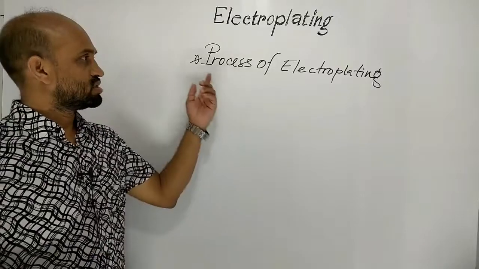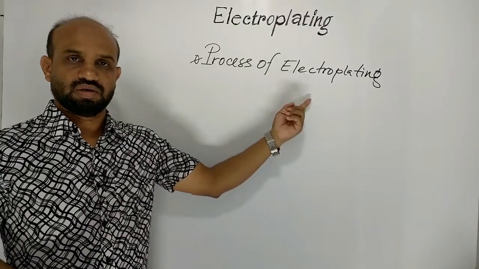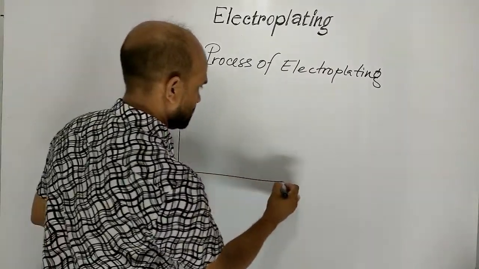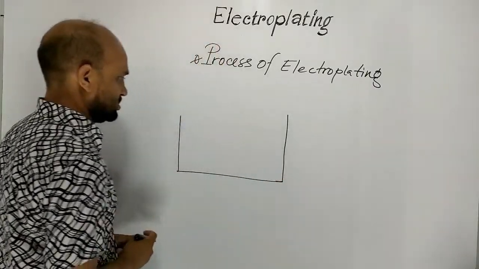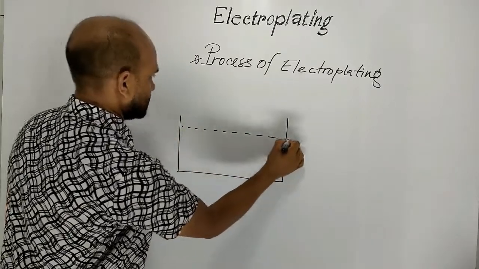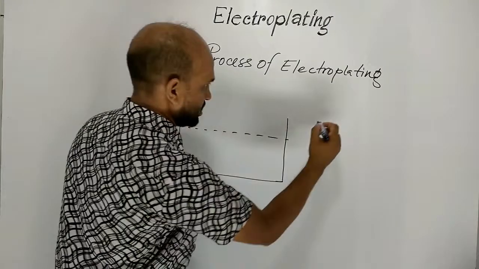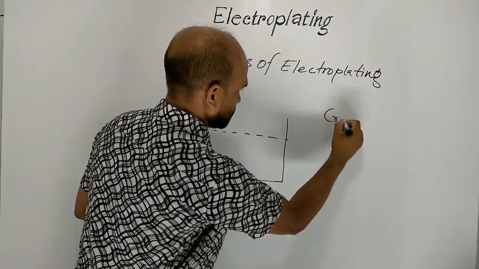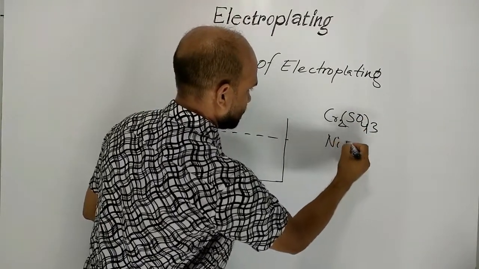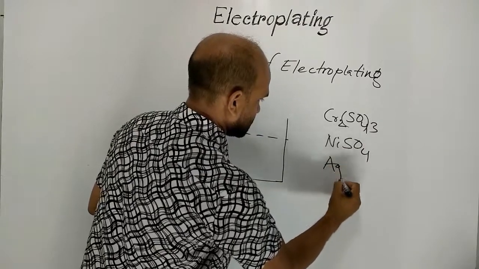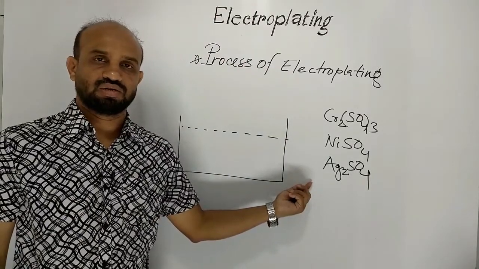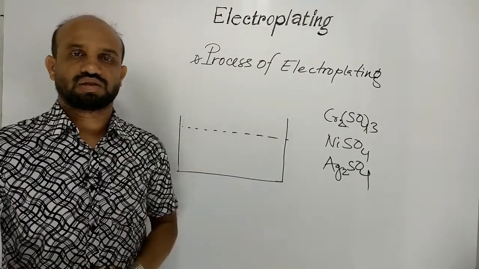Now the point is the process of electroplating. Let's draw an electrolytic cell. This is the vessel of the electrolytic cell where a solution of electrolyte like chromium sulfate or nickel sulfate or silver sulfate, any one of these electrolytes, is taken as electrolytic solution.